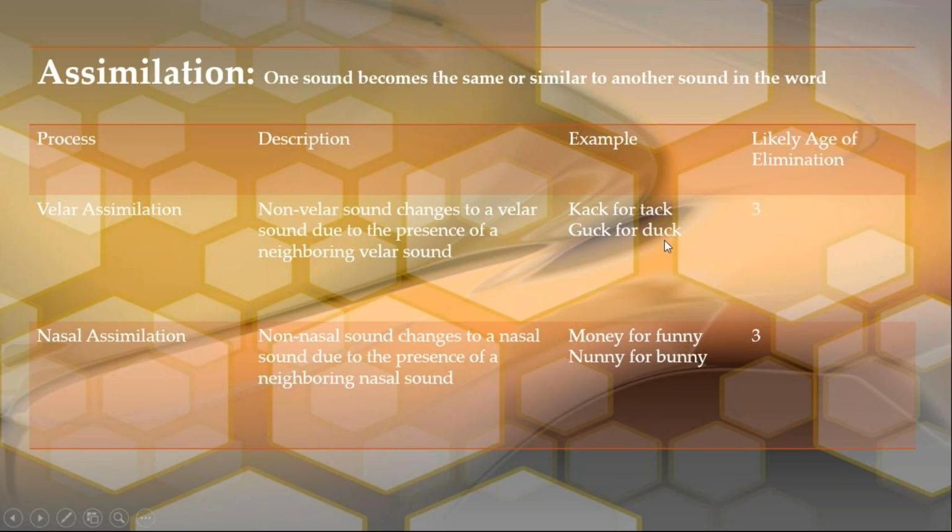cack. Same thing for duck. You're starting in the front of your mouth, duck. That CK sound is a velar sound, and they're turning that D into a velar sound as well. So from duck, it goes to guck. So both the beginning and end sounds are sticking in the back of your throat.